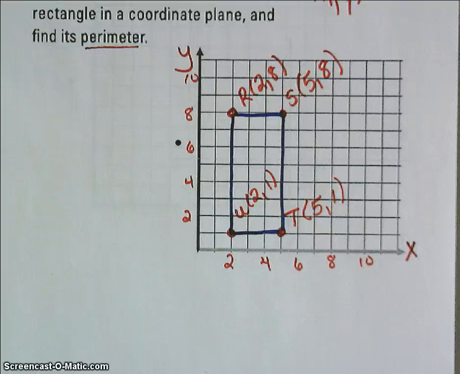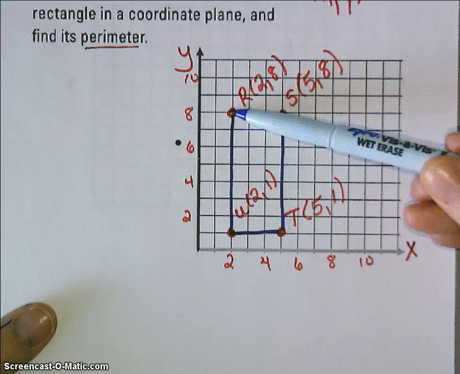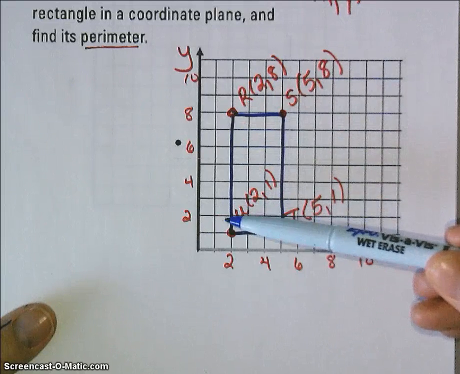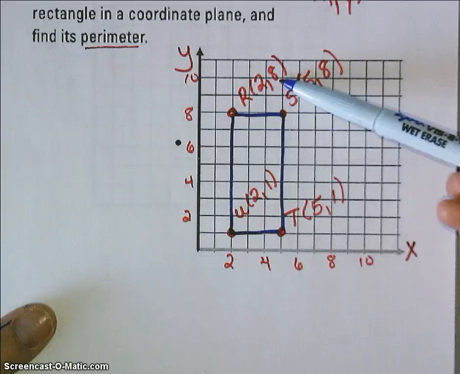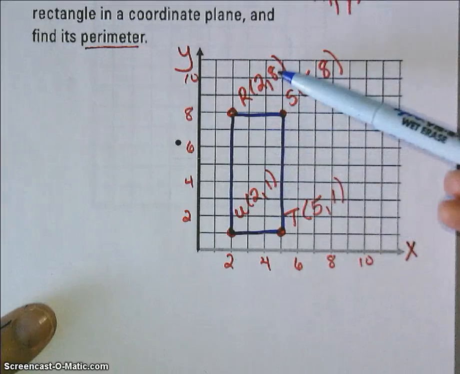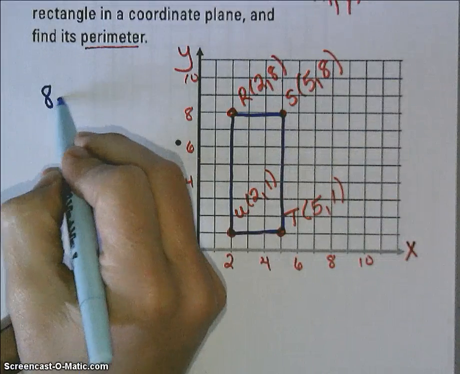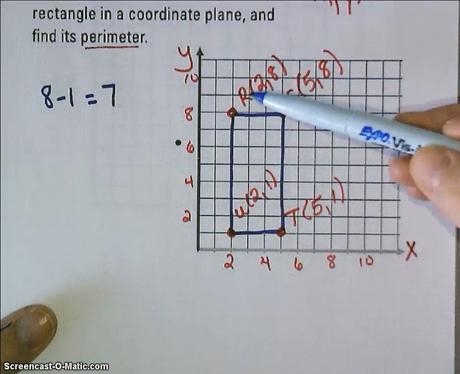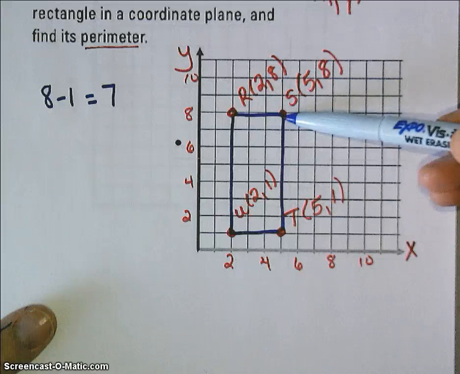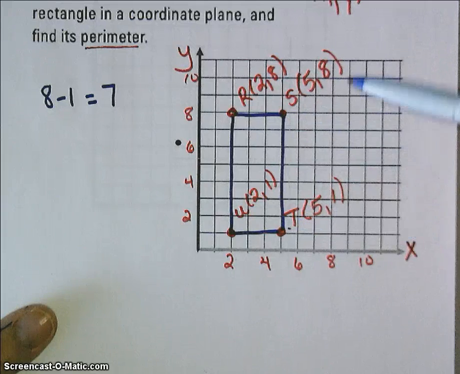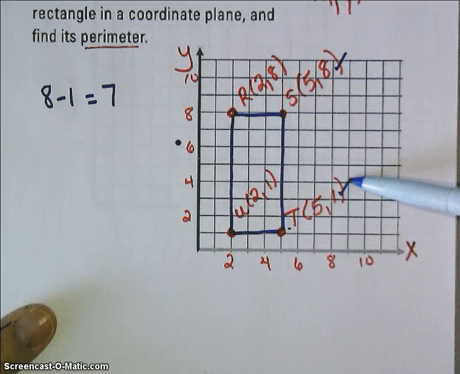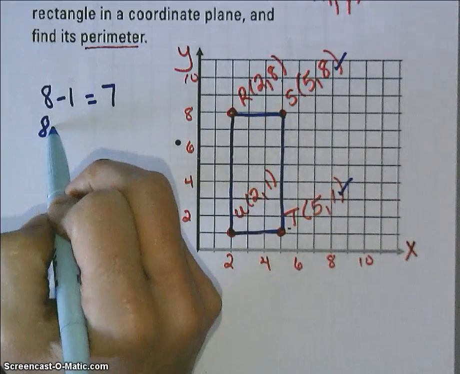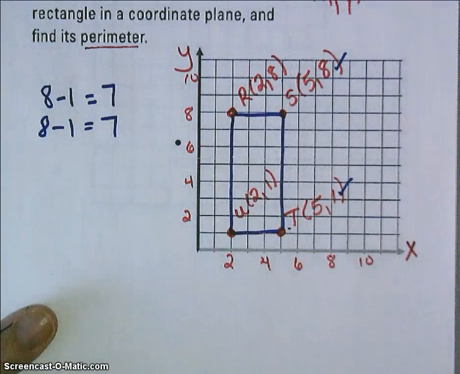And then let's find the distance without counting and using our tick marks. So looking at the distance from this ordered pair to this ordered pair, this is 8, this is 1, so 8 minus 1 will give you 7. Looking at this ordered pair and this ordered pair, 8 minus 1 will give you 7.